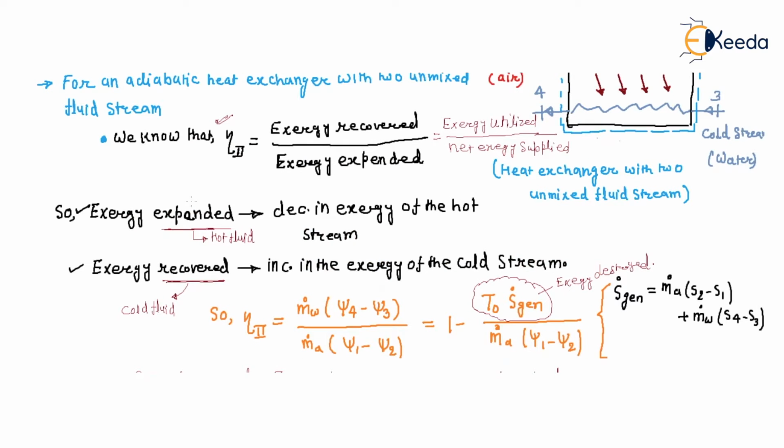So this is your water, the mass flow rate of water is given, and it will bring water from 100 degrees centigrade to 500 degrees centigrade.